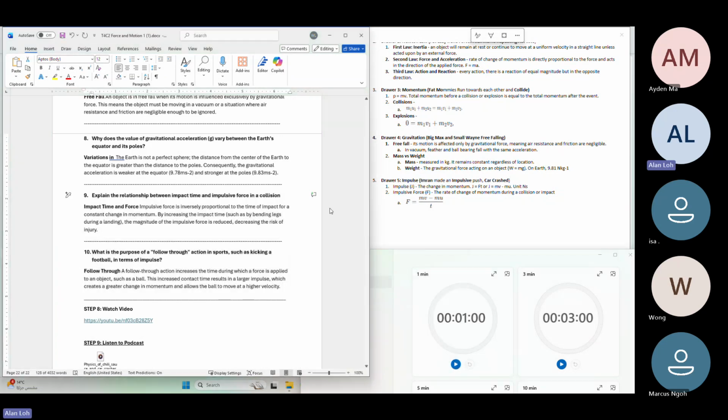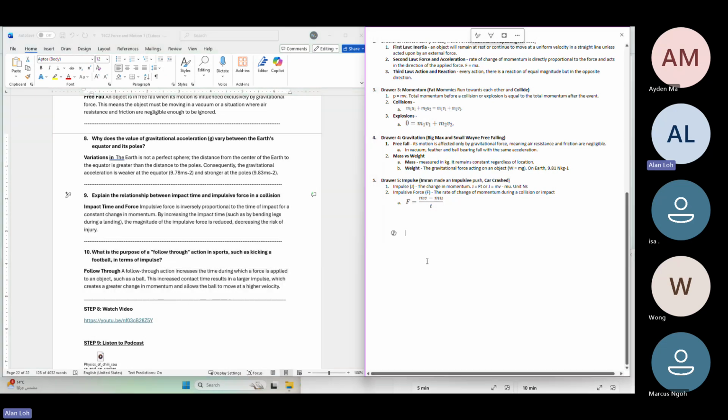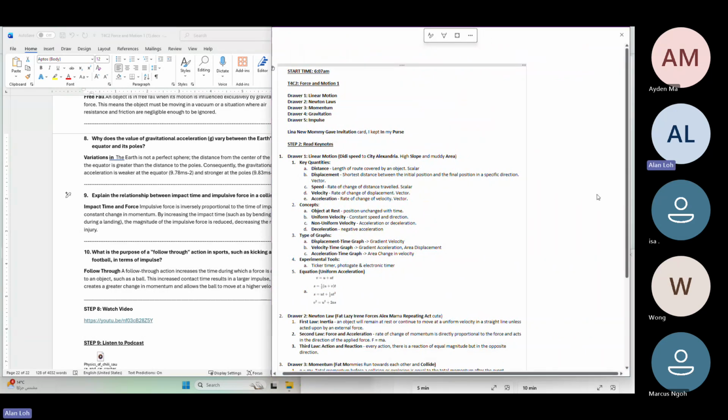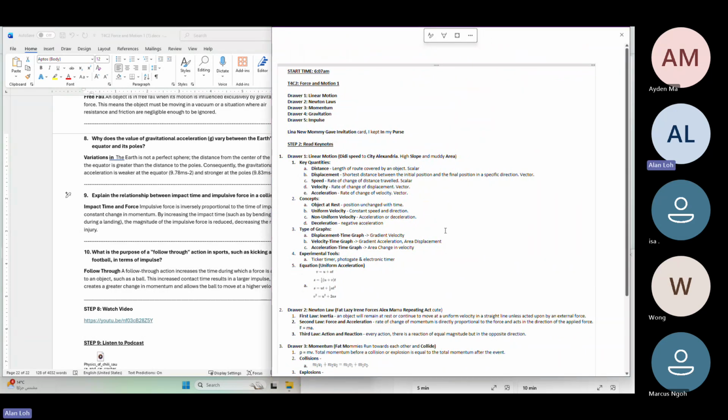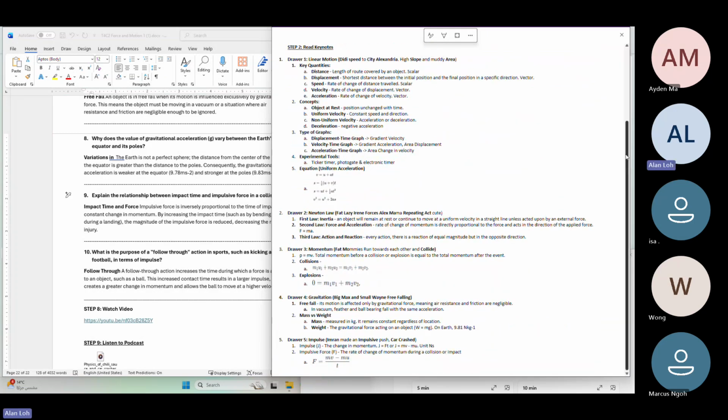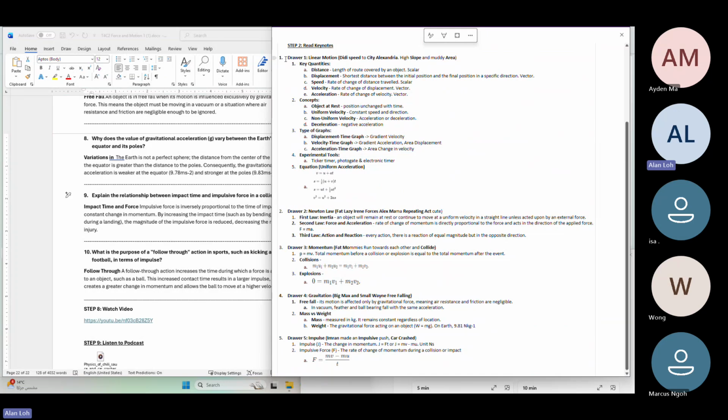Okay, before we go to the easy part, which is to watch the video, let's do a quick revision. Let me pull this out, make it wider. Let's read step 2, which is always our reference, from point number 1, drawer 1, until here, this formula, collision or impact.